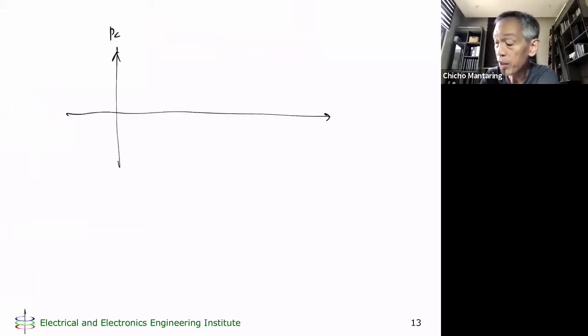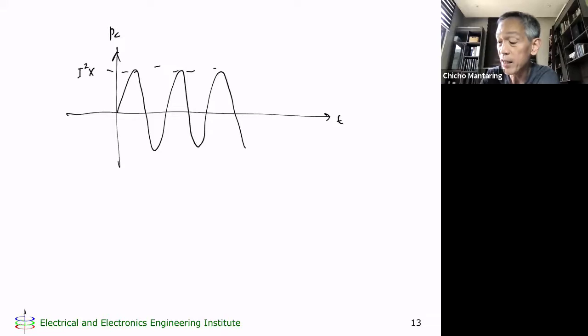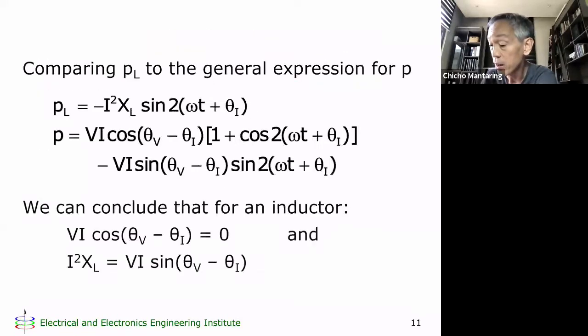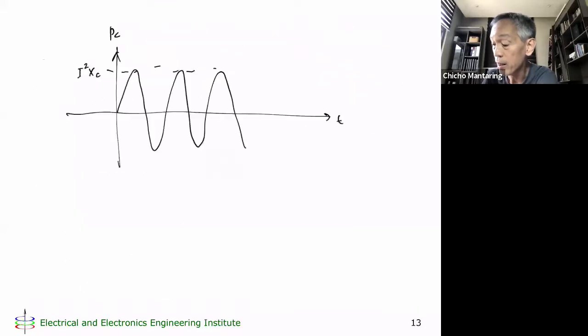So this is P of C versus t. This time it's a positive sine wave. And the amplitude of your sine wave is I squared X sub C, just as it was I squared X sub L earlier.